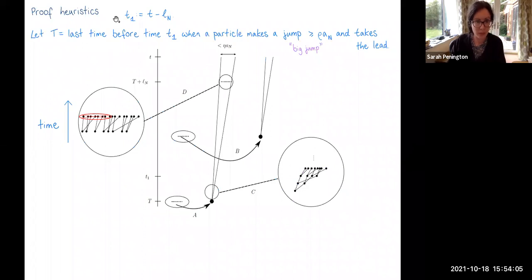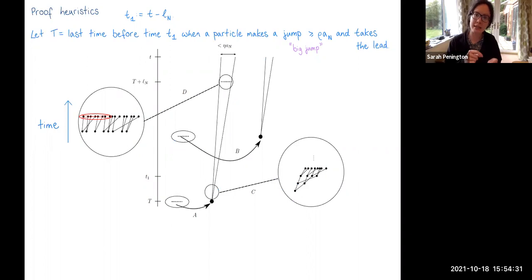So we're going to let time t1 be time little t minus ln, where ln was the ceiling function of log base 2 n. And we're going to let time capital T be the last time before time t1 when a particle makes a jump that's bigger than rho times an, so when a particle makes a big jump, and that particle takes the lead.